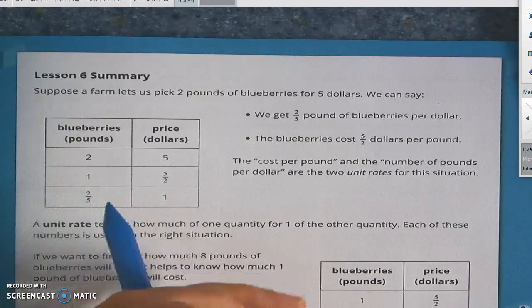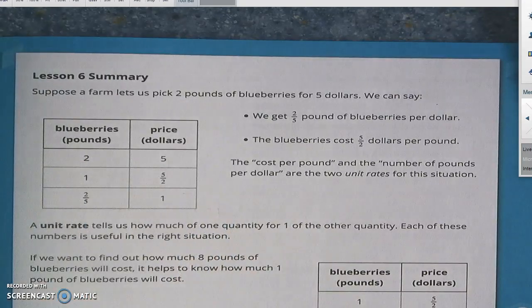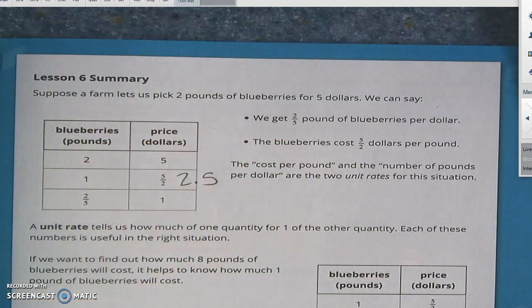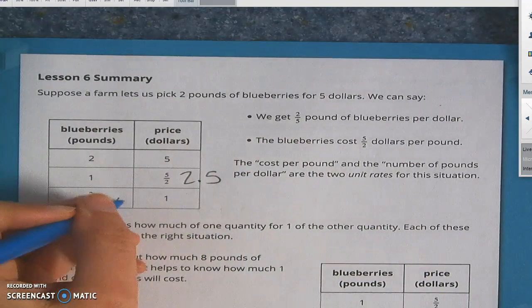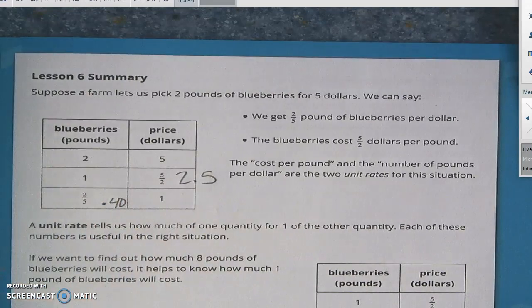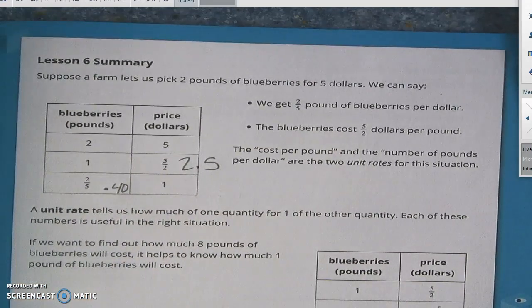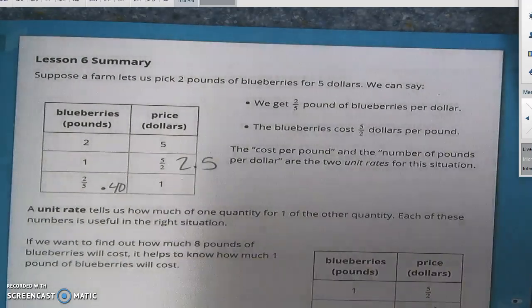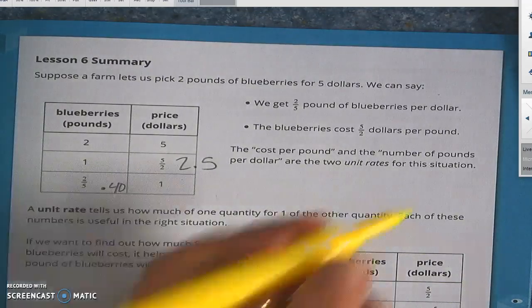Sometimes we write it as a fraction. We don't have to. The 5/2 could also be 2.5, and the 2/5 could be 0.4. The cost per pound and the number of pounds per dollar are the 2 unit rates for this situation.